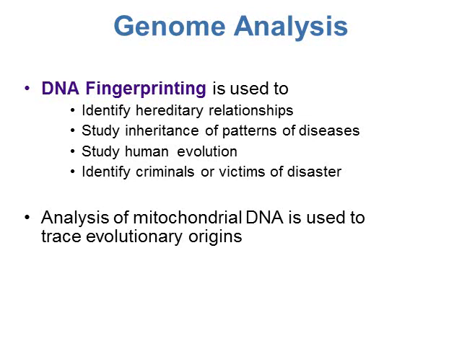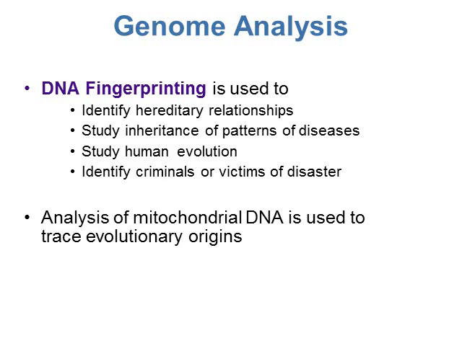So this DNA fingerprinting, besides identifying criminals or victims, we can also use it to identify hereditary relationships, so looking at if two humans are related to each other, how closely they're related. We can study the inheritance of the patterns of disease, we can study human evolution or evolution of other organisms, and then of course identify victims or criminals.